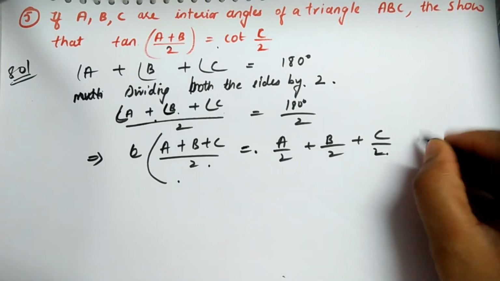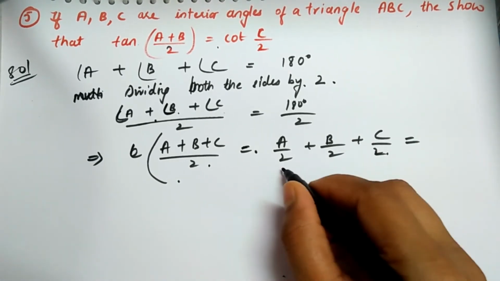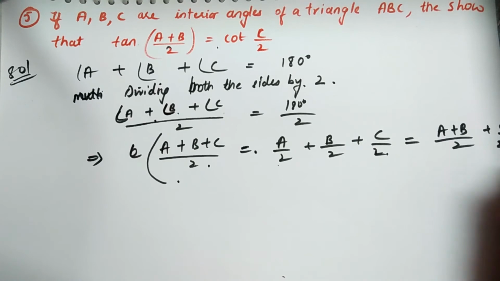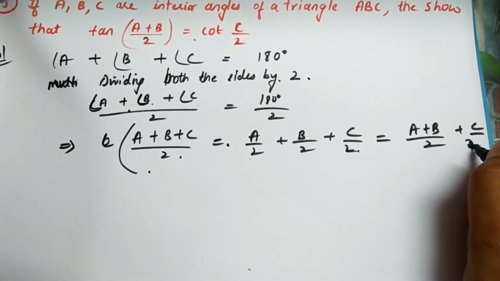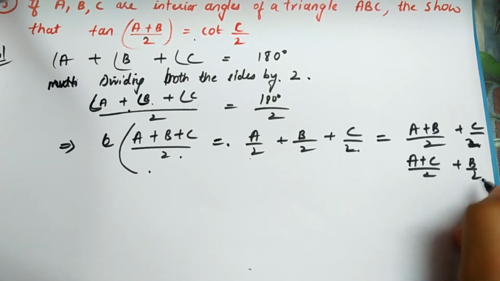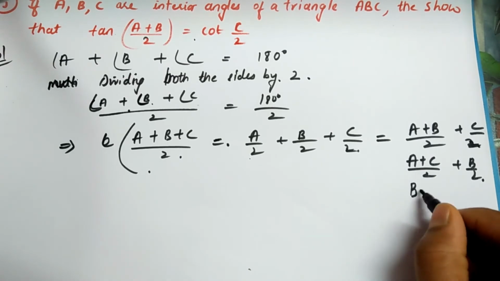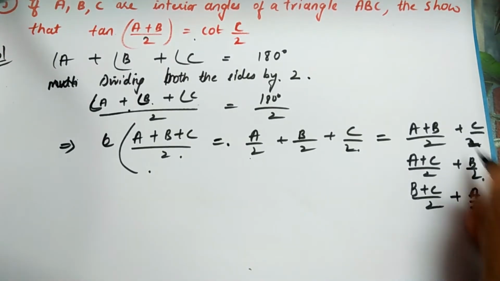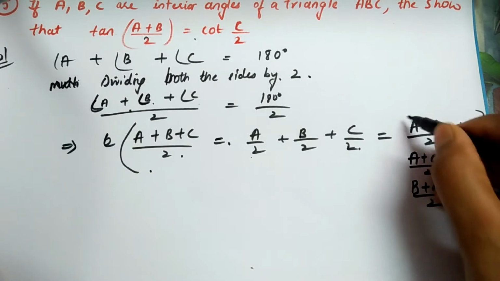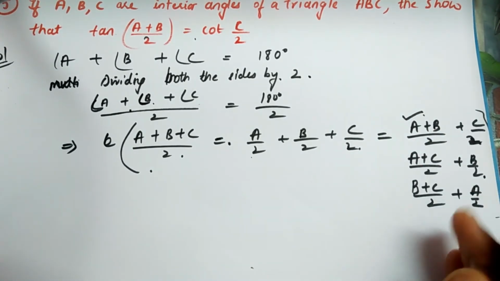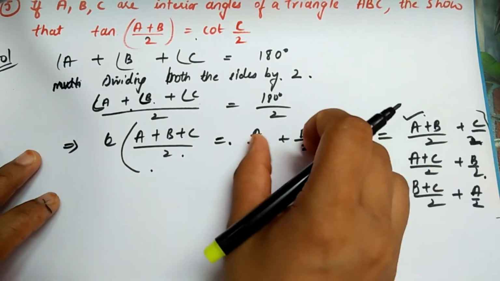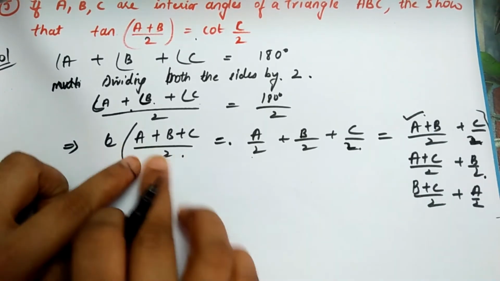We can write it as A plus B divided by 2 plus C by 2, or A plus C by 2 plus B by 2, or B plus C by 2 plus A by 2. We have so many options, but since the question demands A plus B divided by 2, we will go with this option. We can write it individually, or club these two or those two together, or write it all overall the same.